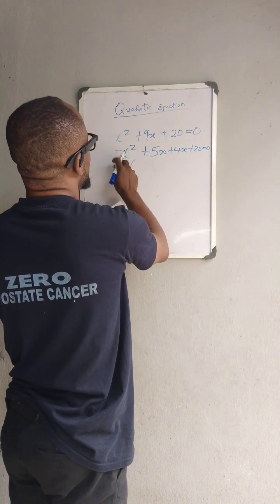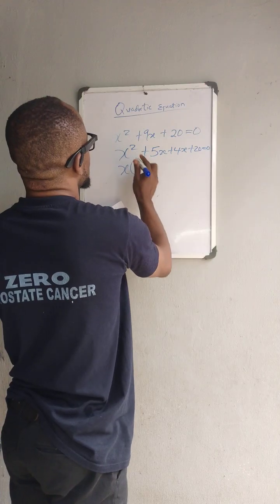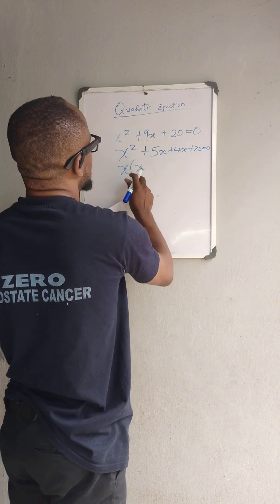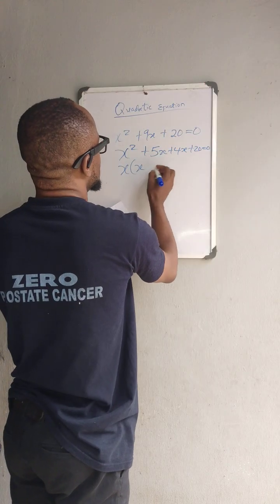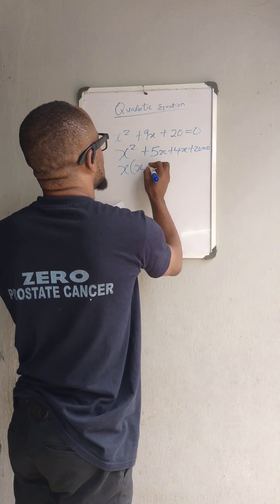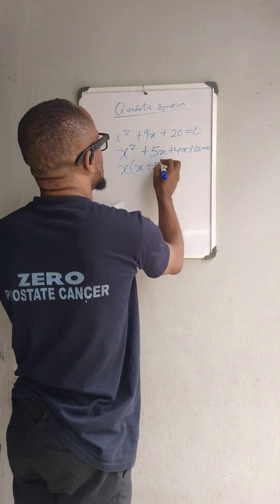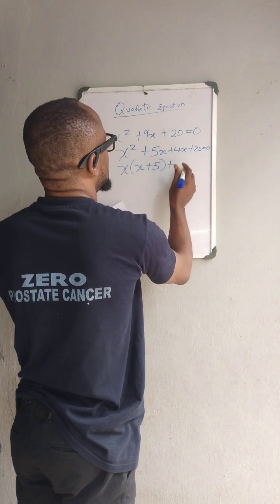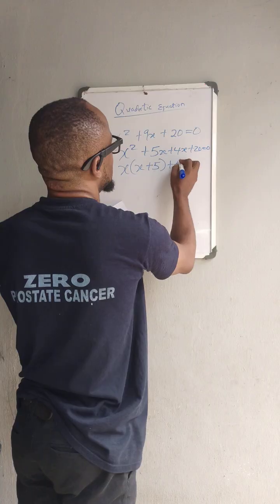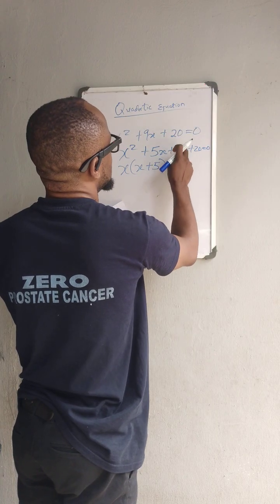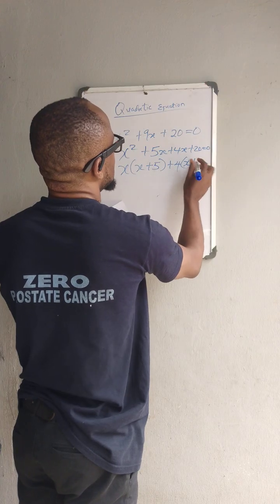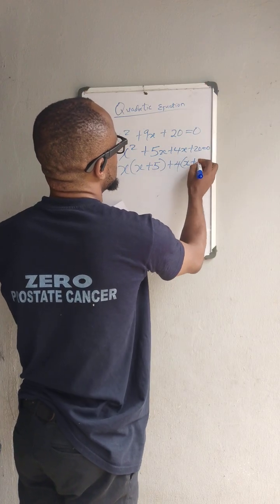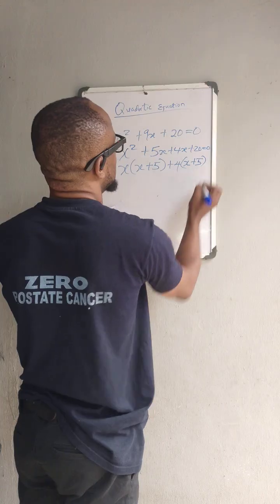Then you take common factor: x times x is equal to x squared. Then x into 5, x will take care of x, equal to 5, plus 4 bracket, 4 into 4, 4 will take care of 4 remaining x. Then 4 divided by 20 will also give you 5.